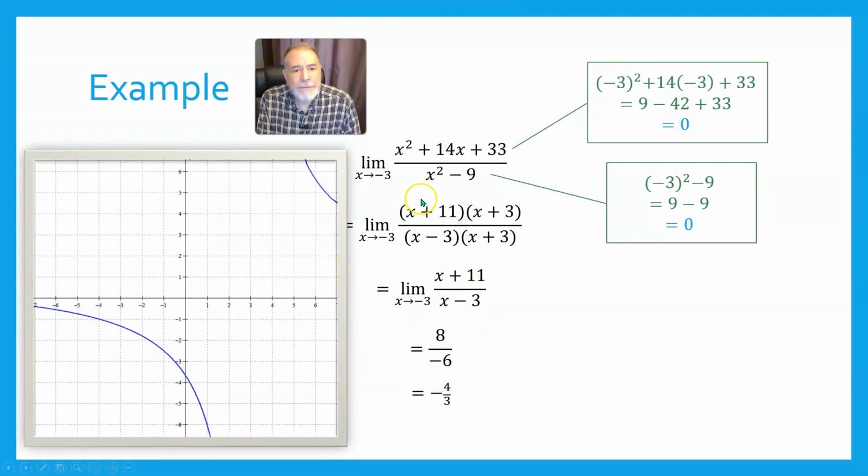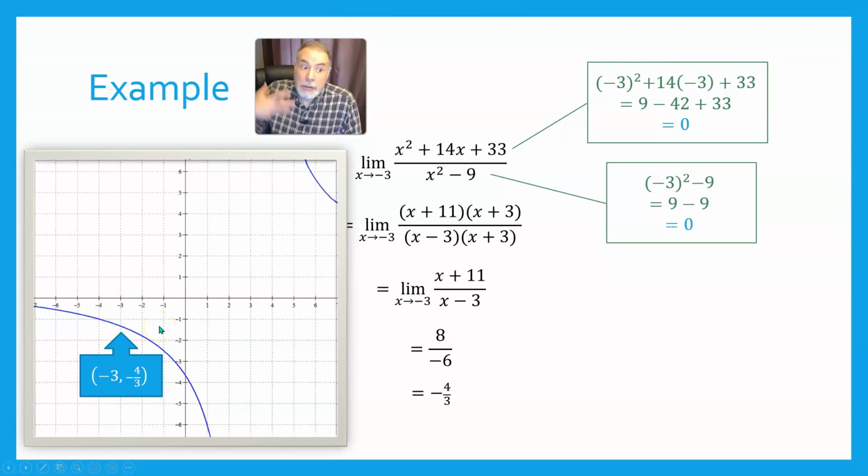And here's a graph of the function that we started out with. If we draw the graph of (x squared plus 14x plus 33) over (x squared minus 9), it looks like there's a point on the graph with an x coordinate of negative 3, and the y coordinate of that point, you may not be able to see exactly from the graph, but it's negative 4/3, negative 1 1/3.